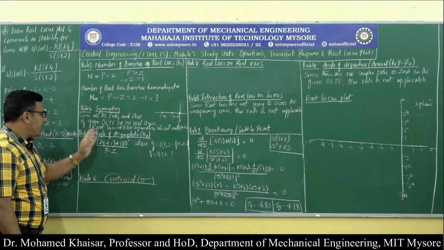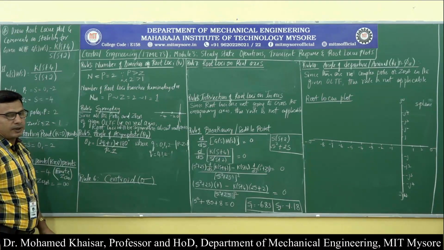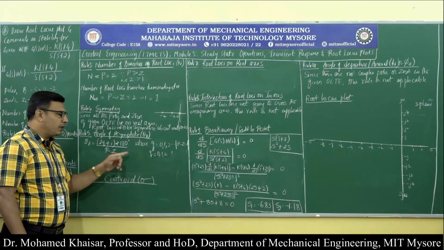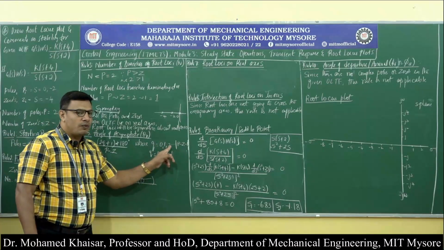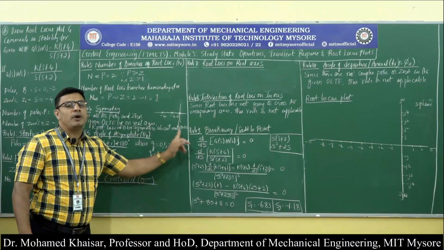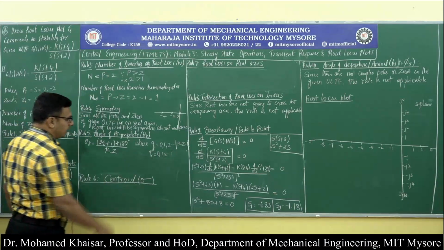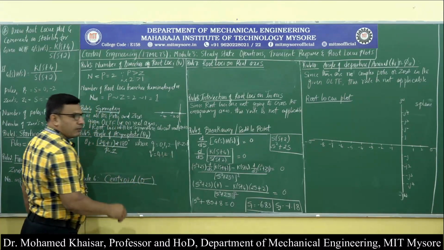Then rule number 5, asymptotic straight lines. At what angle will the asymptotic straight lines exist? It is given by theta k equals (2q plus 1) into 180 degrees divided by P minus Z, where q will be equal to 0, 1, 2, etc. up to modulus of P minus Z minus 1. Now in the given problem, what is P?